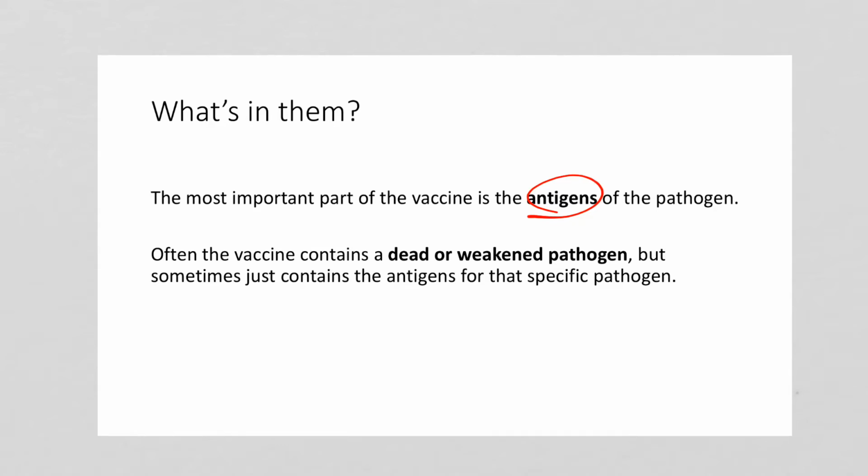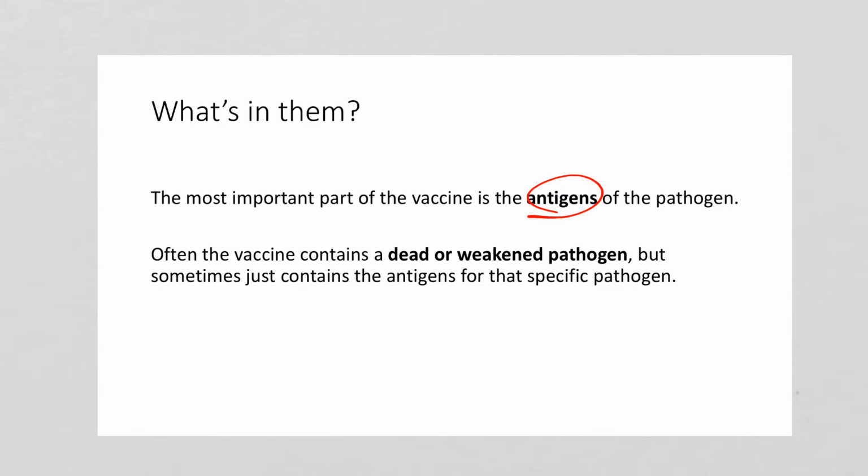Often the vaccine contains a dead pathogen or a weakened pathogen. And what we mean by that, for example, if it was a bacteria, you could put dead bacteria into the person. The dead bacteria still have the antigens on the outside, so the immune system, the leukocytes, still figure out how to make the correct antibodies. Or you can have a weakened, a live version of the pathogen, but a weakened one.